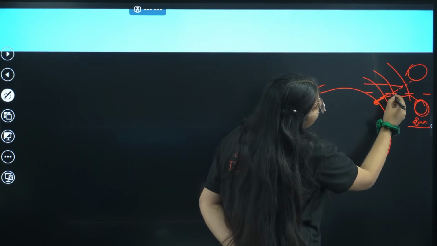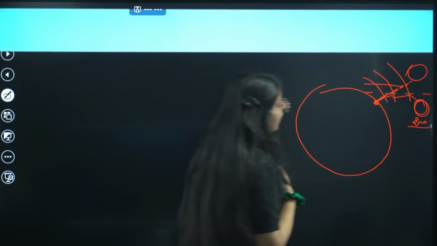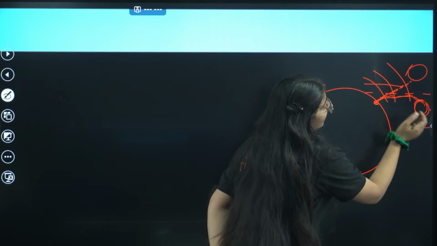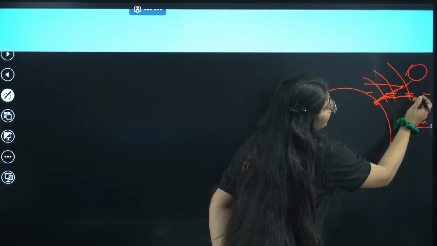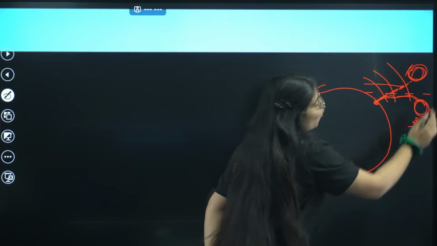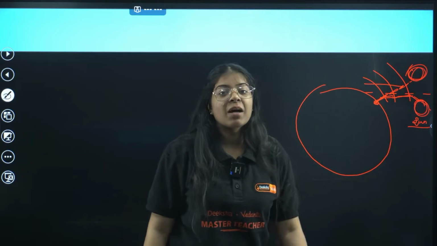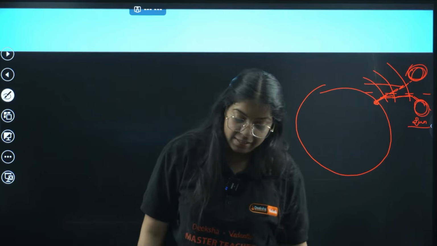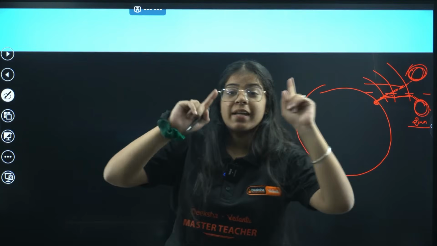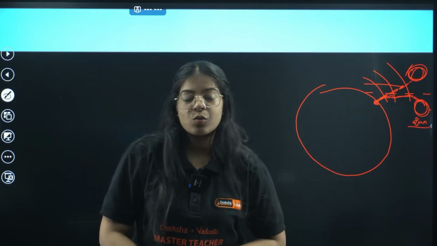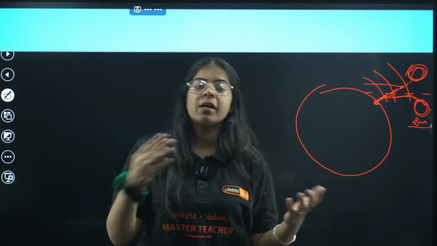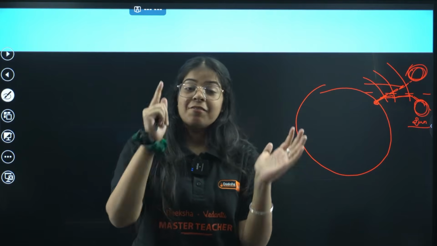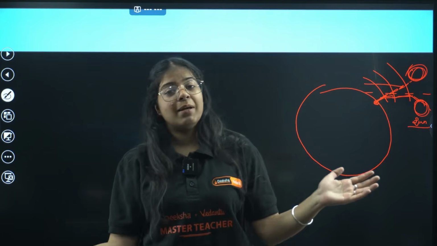If I extend it back to my eyes, it will appear that the light is not refracting and coming. It will appear that the light is coming from this point only, correct? It will appear from straight back, and hence because of atmospheric refraction, it appears to us that the sun has not been set yet, where the sun had already been set.